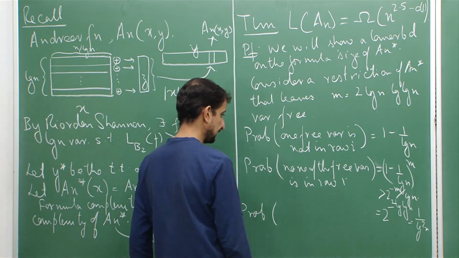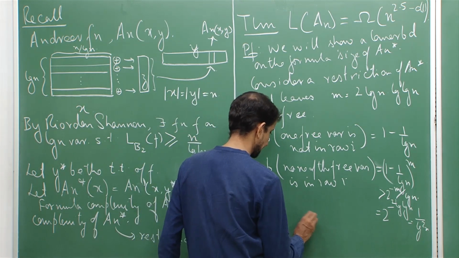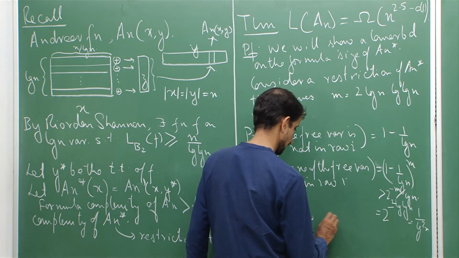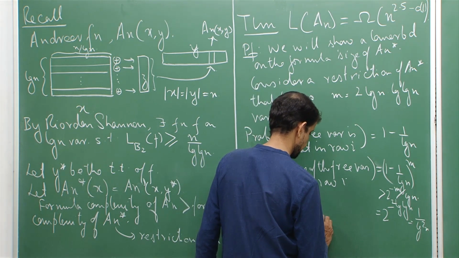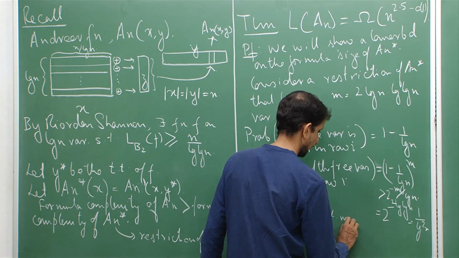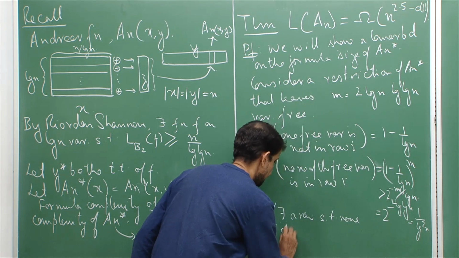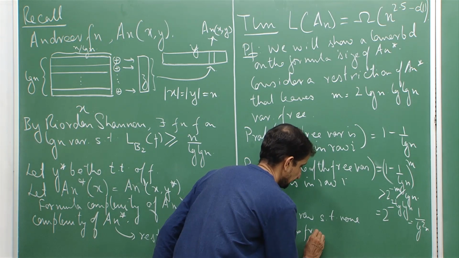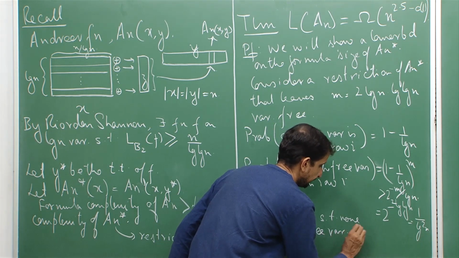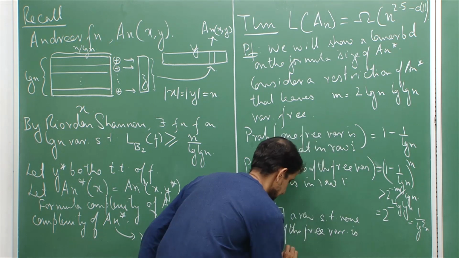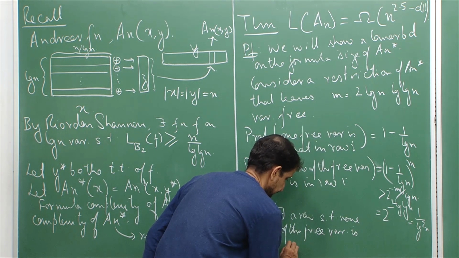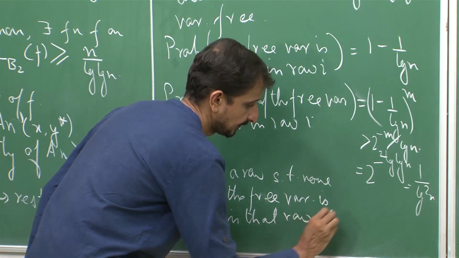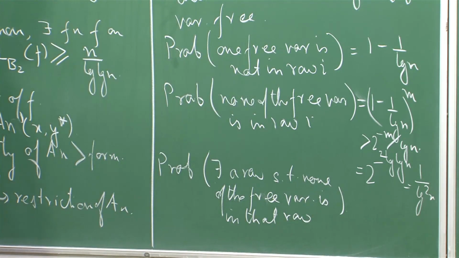Now, what is the probability that there exists a row such that none of the free variables is in that row. Okay. So, basically this is for a fixed row.